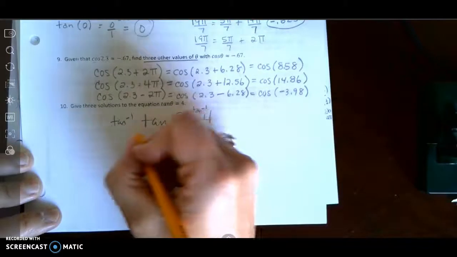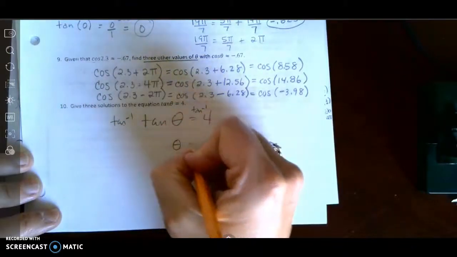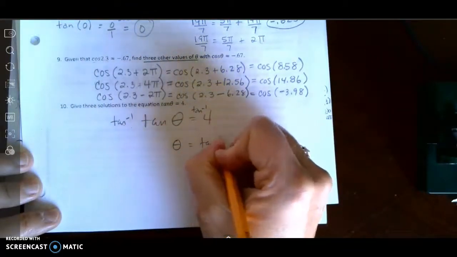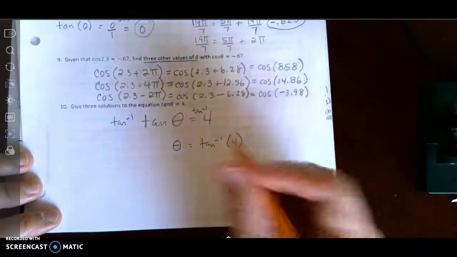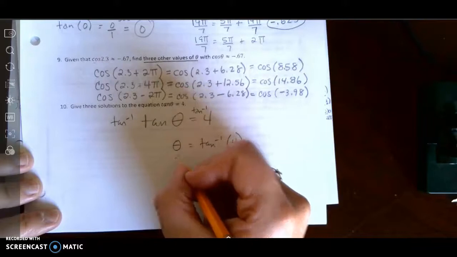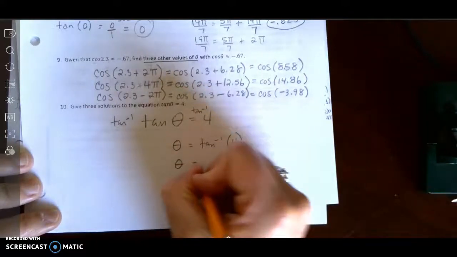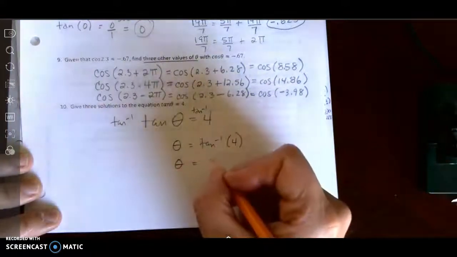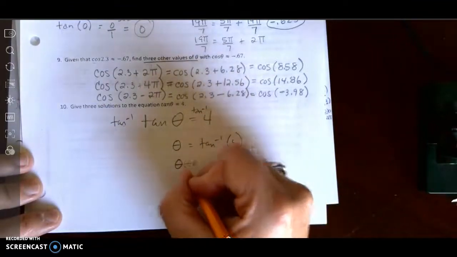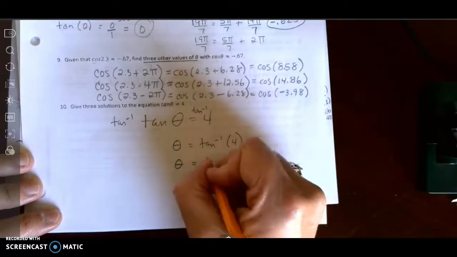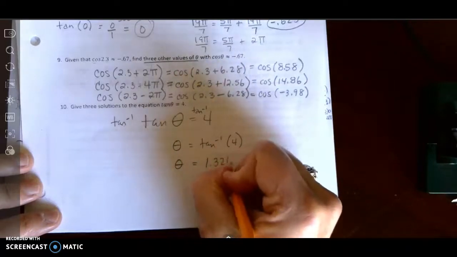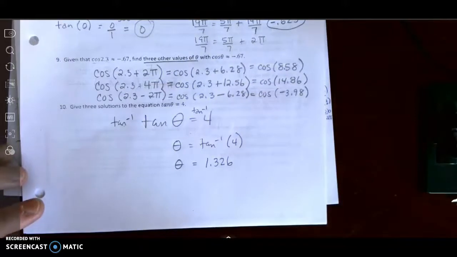And tangent and inverse tangent cancel, and I'm just left with theta is the inverse tangent of 4. And I will go ahead and put this in my calculator. For theta, I put inverse tangent of 4. And I get theta is 1.326. Now that's because right now my calculator is still in radians.